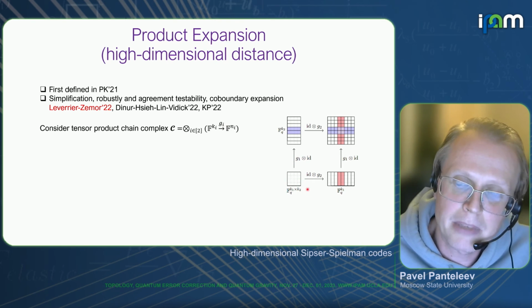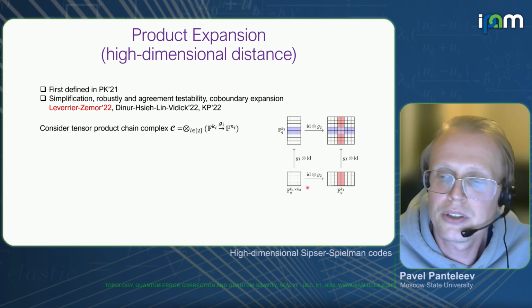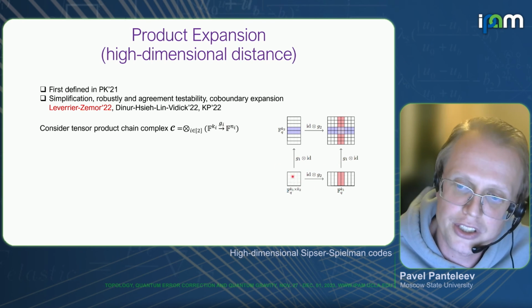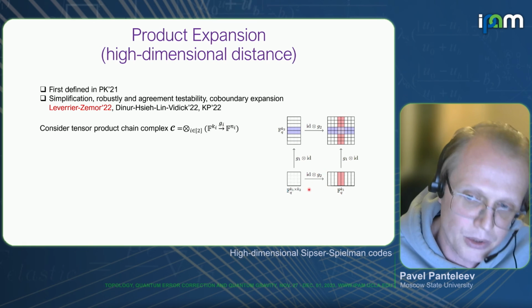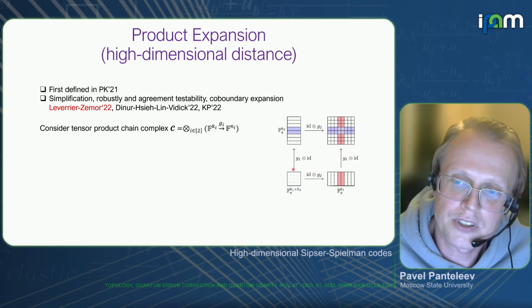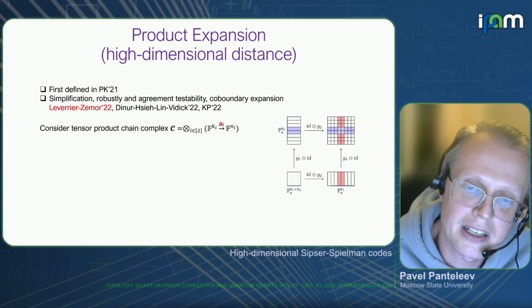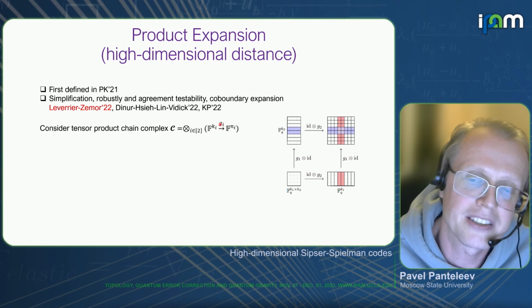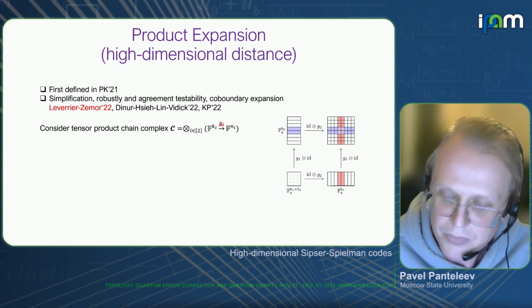But this chain complex is a little bit useless in some sense because it's acyclic, so its homology is trivial. You can easily check it using just the property that these generator matrices are full rank. I forgot to say that they should be full rank.